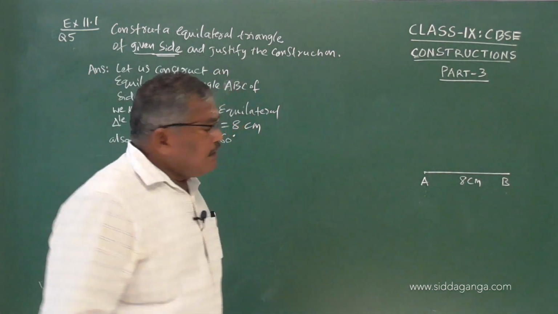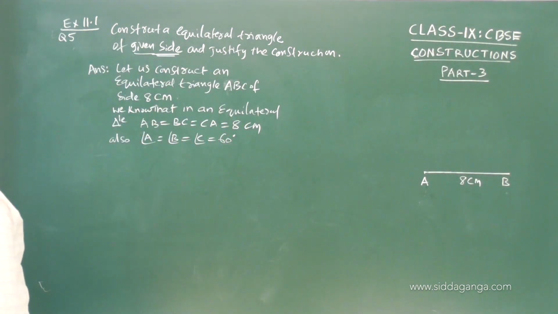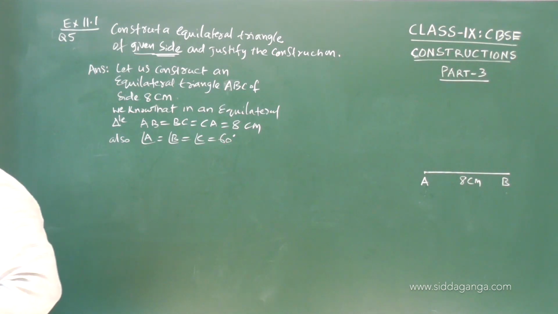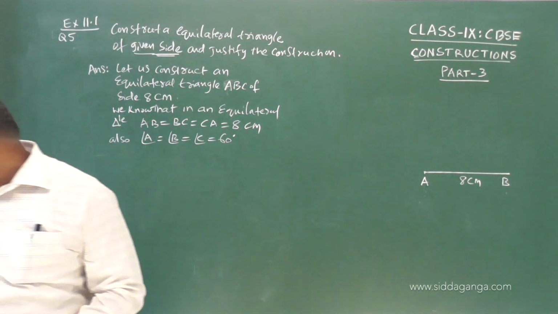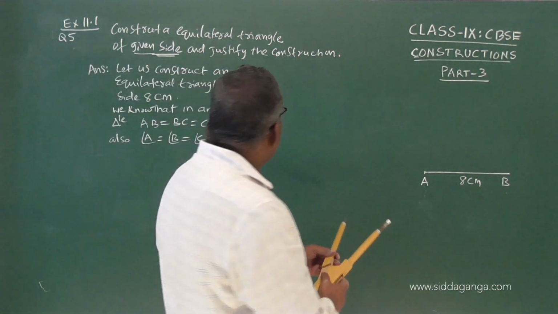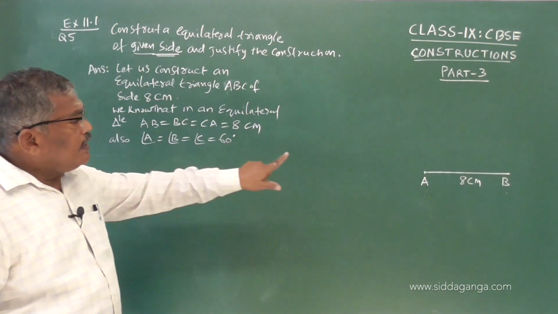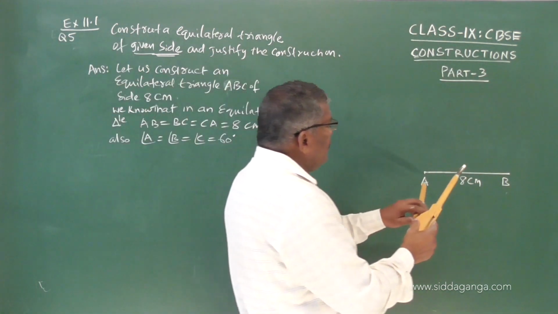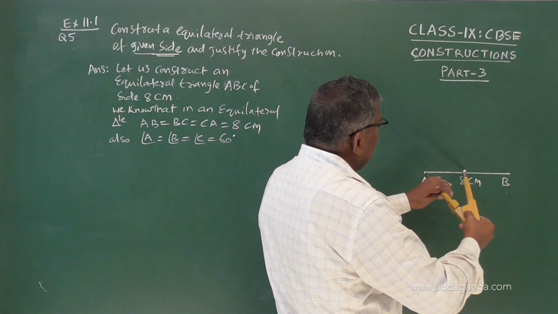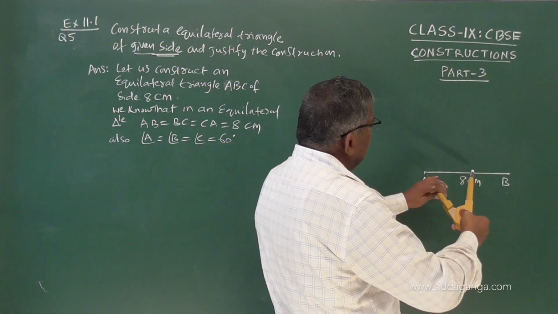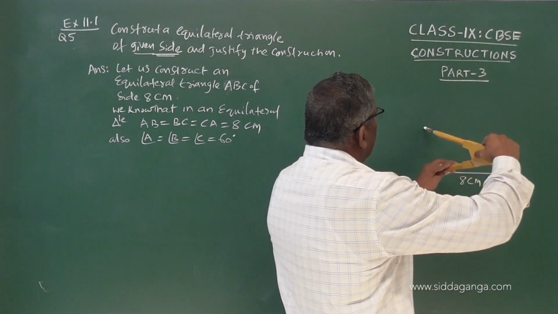Now with A as center and with some radius, see, we know that it is a 60 degree angle. Therefore, we have to construct a 60 degree angle at A. For that, what we do is, we take some convenient radius and draw an arc.